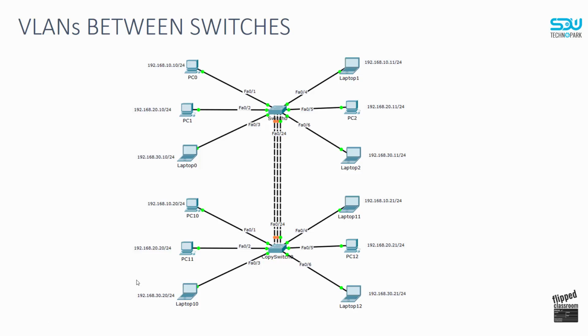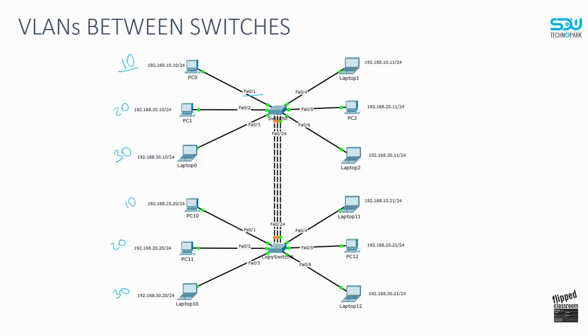When we are connecting switches to each other, we have to connect a lot of cables. So if you have here a part of VLAN 10, this is VLAN 20, this is VLAN 30, and this computer belongs to VLAN 10, 20, and 30, for example. So here we have connectivity: the FA01 port belongs to VLAN 10.